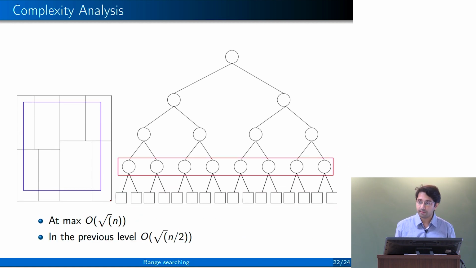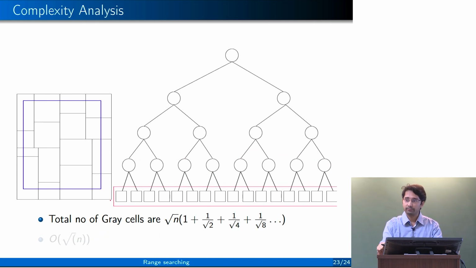Go one level higher. How many boxes does it intersect? Root n by 2. Eventually, how many boxes does it intersect? What is the query complexity?